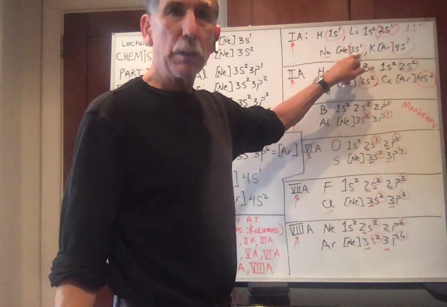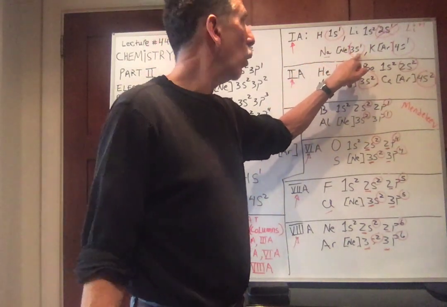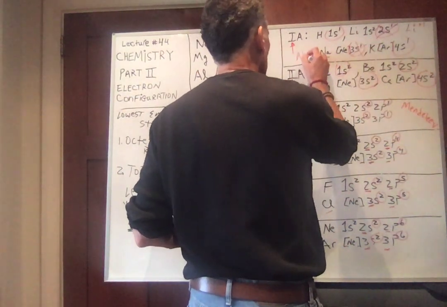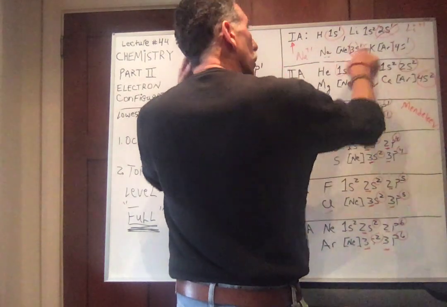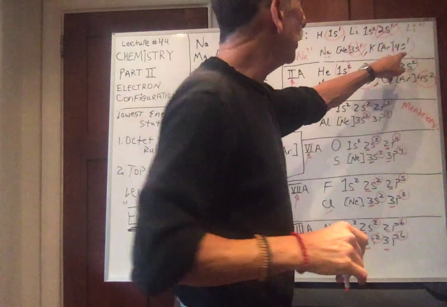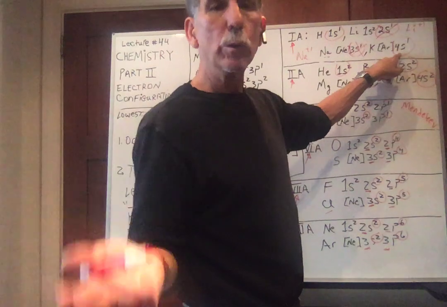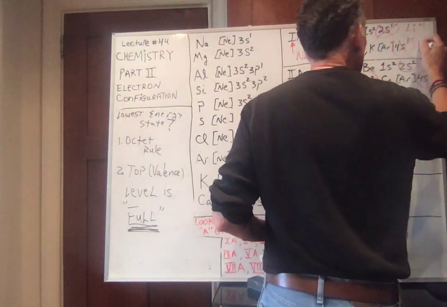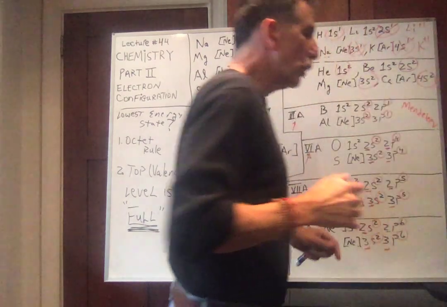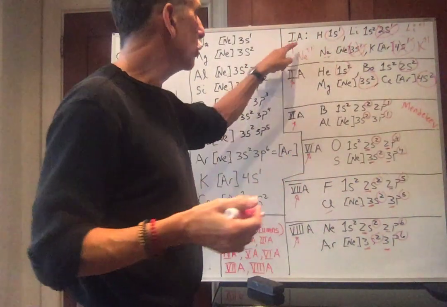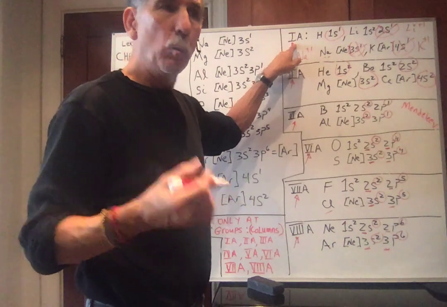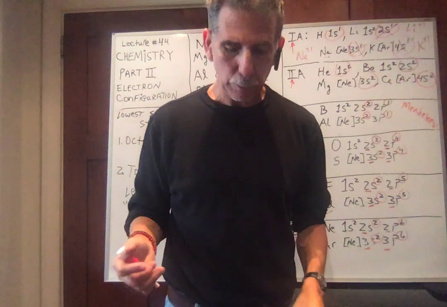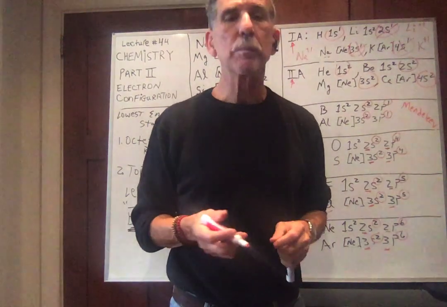It could gain 7 electrons to fill up the third floor or lose 1 electron, so it becomes sodium +1. Potassium, same thing. Add 7 electrons to the fourth level or lose 1 electron to make the third level full, so it wants to be K +1. Every element in group 1A wants to be in its lowest energy state, so it wants to give away an electron.